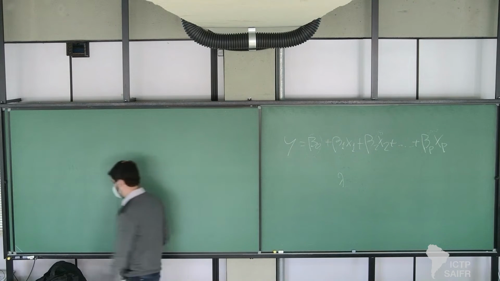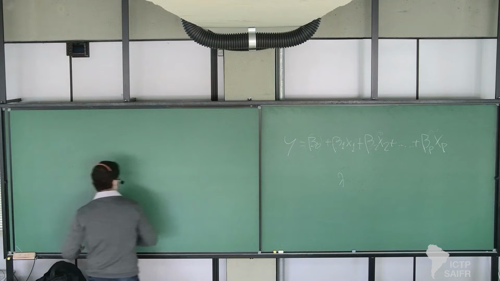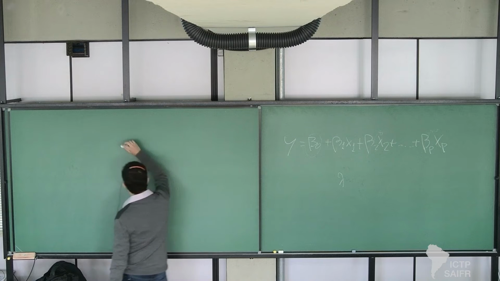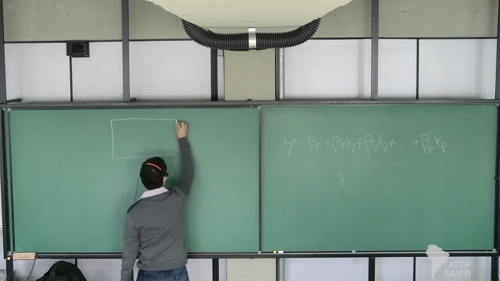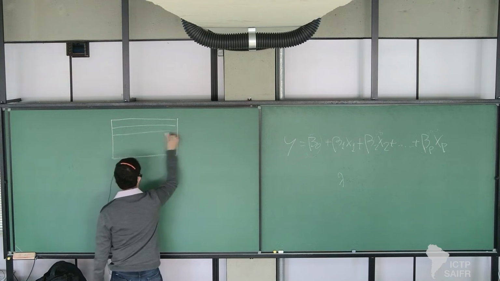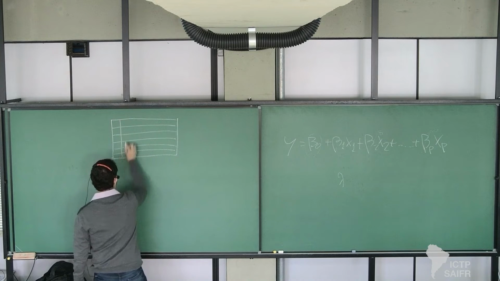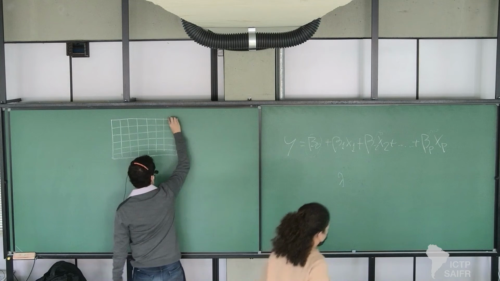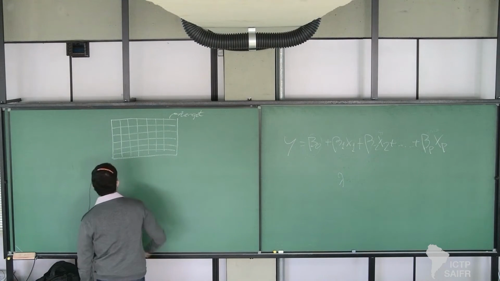Now, suppose you have a bunch of data. That's going to be a table, an attribute value table, just for you to think. So this is my target.